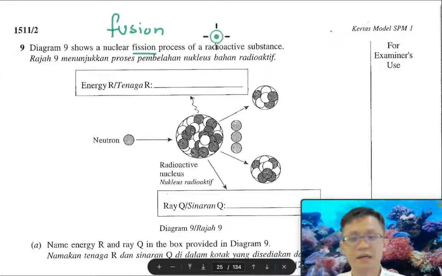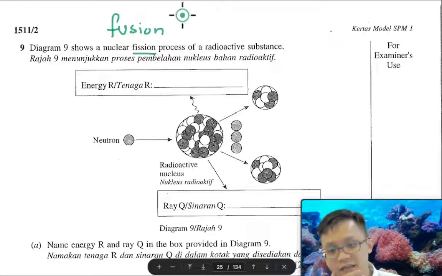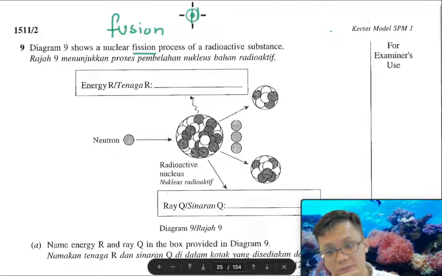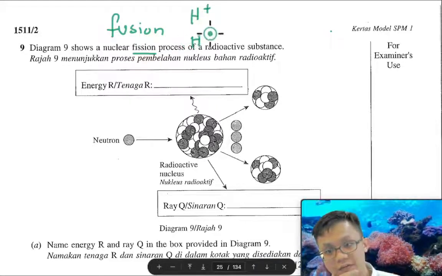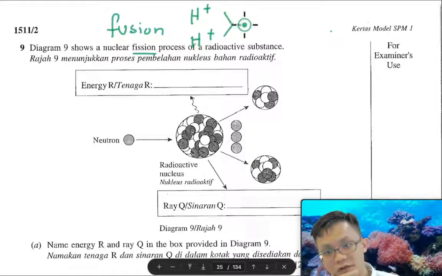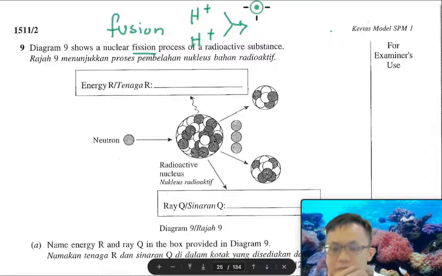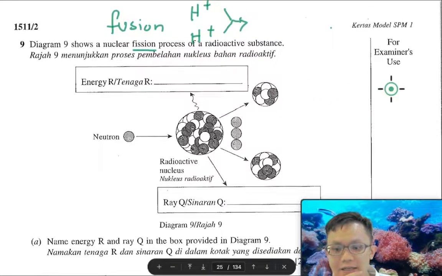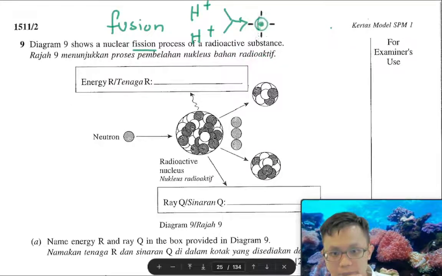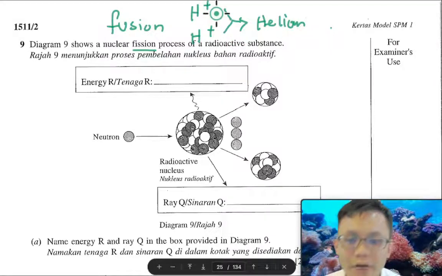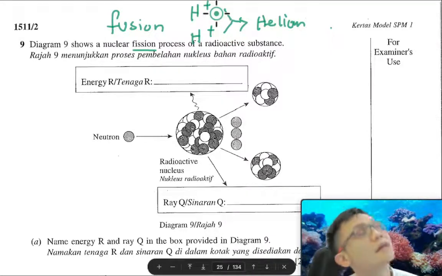For example, in the sun, two hydrogen atoms fused together become what? Helium. So there is the possibility of two hydrogen atoms combining to become helium in the sun.